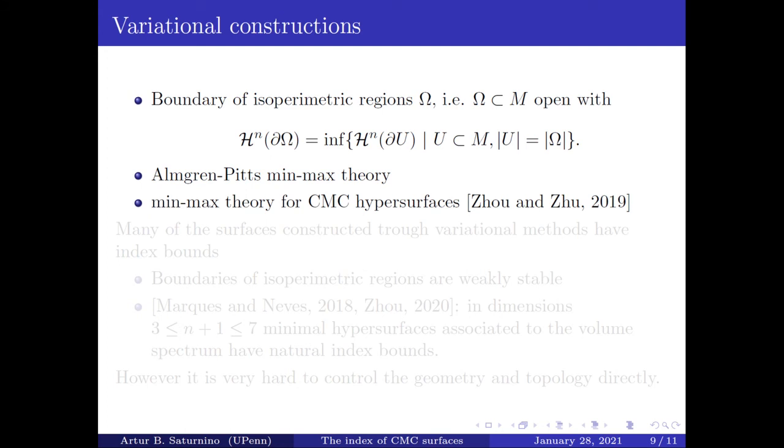And recently, Zhou and Zhu developed a min-max theory to produce CMC hypersurfaces, and using this theory, they are able to produce CMC hypersurfaces on any manifold that are always going to be smooth in dimensions between 3 and 7, and they can produce CMC hypersurfaces with any mean curvature.